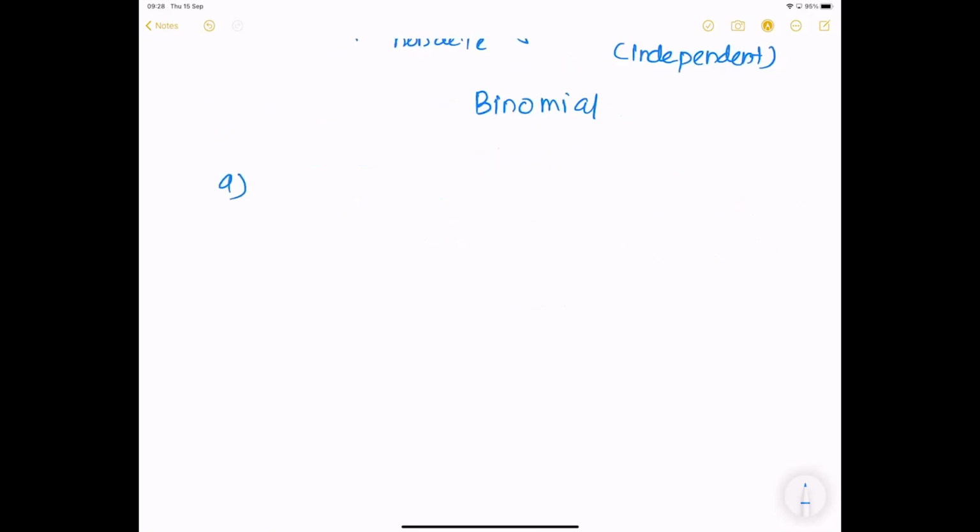Exactly one defective item, right? nCx p^x (1 minus p)^(n minus x), right? This one is the probability of success. This one, 1 minus p, means the probability of failure, right? According to our situation, what is p?